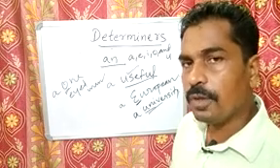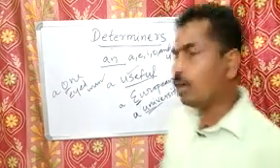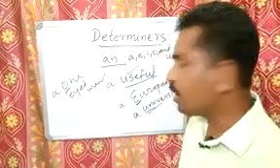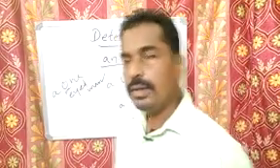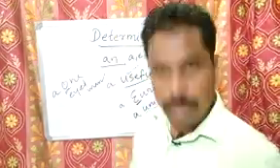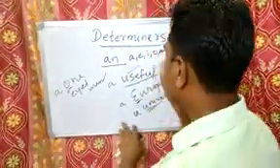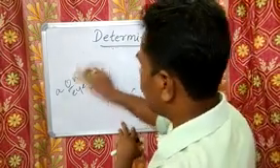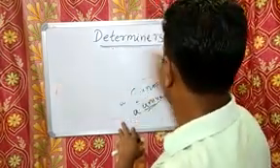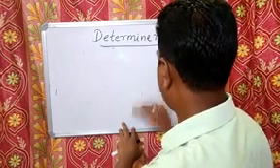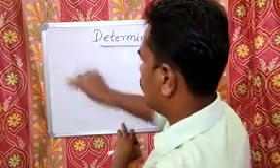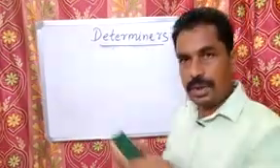Then you won't make errors when you use a or an in a sentence. So these two, as I told you, were indefinite articles. We'll solve some examples at the end.